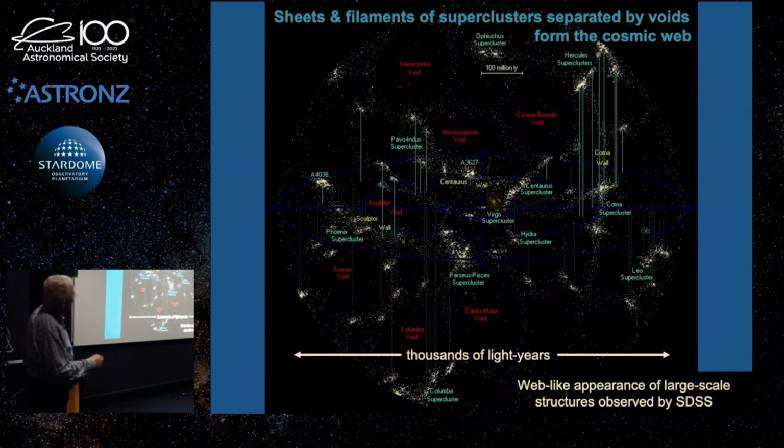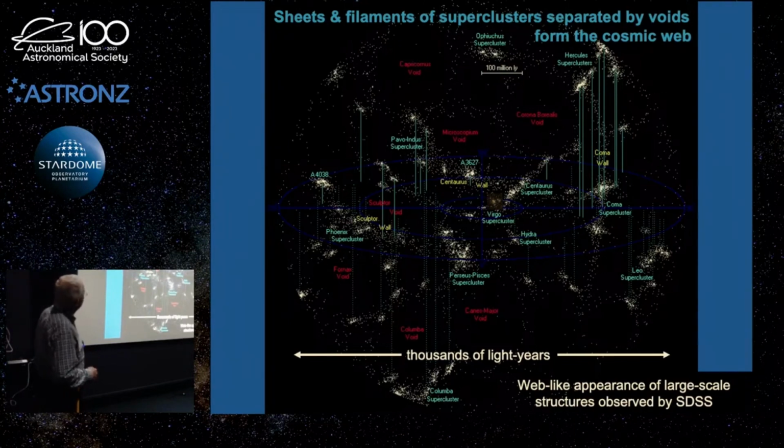And they call it the cosmic web, because it looks like a web, or soap suds, if you will, or a sponge, or something like that. But you get these big voids, and you get these sheets and filaments of these large superclusters forming. So that's on a much, much larger scale. You're talking here thousands of millions of light years across.